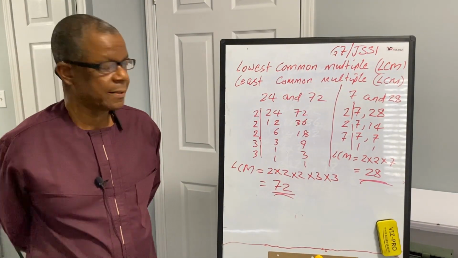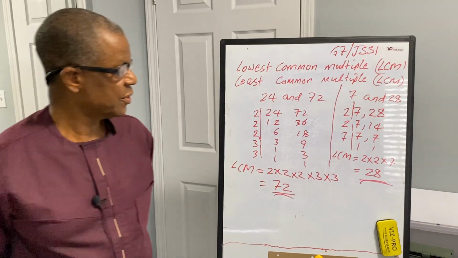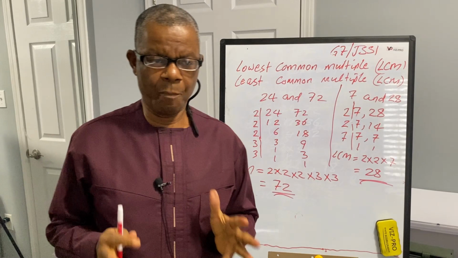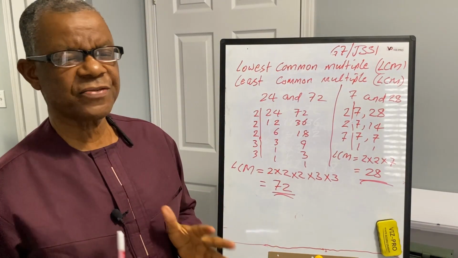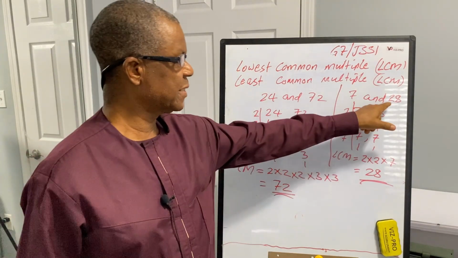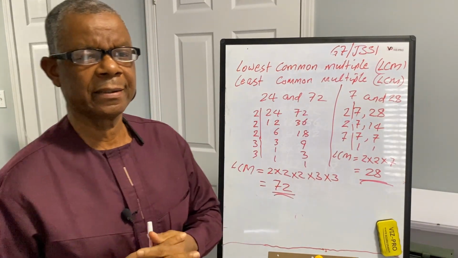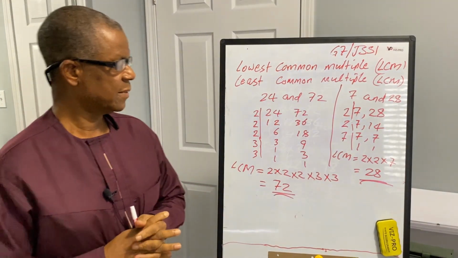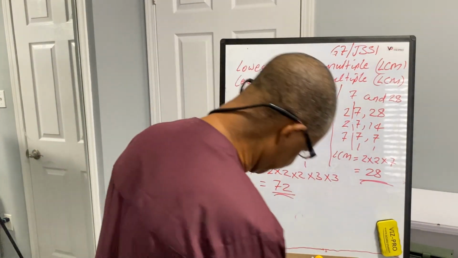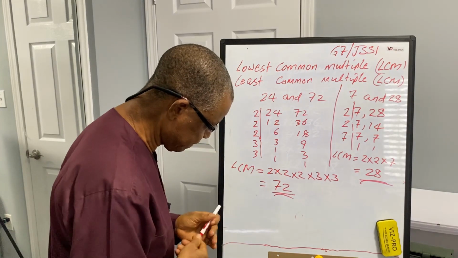That is the lowest number that 7 can divide without a remainder, and 28 can divide without a remainder. Let's have another one or two examples before we end this.